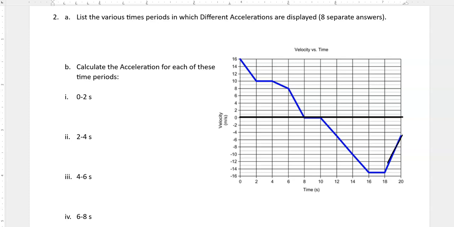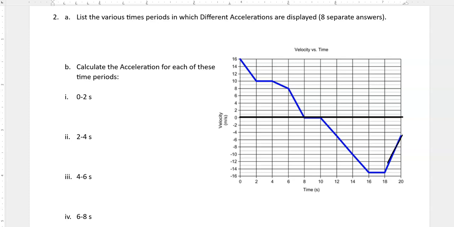Well, now you're doing velocity versus time plots, and the slope of these is equal to the acceleration. In other words, the change in velocity over time. And so now we're going to be calculating accelerations, but before we do that, let's look to see when accelerations are different in this plot.